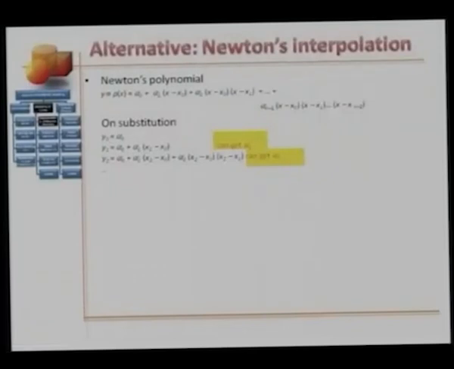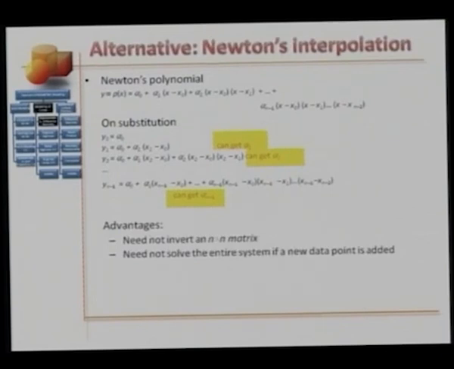We can continue with this process and eventually get alpha n minus 1. We will discuss this later, but just briefly, these coefficients alpha 0, alpha 1, alpha 2, alpha n minus 1, they are all called the divided differences. What are the advantages?